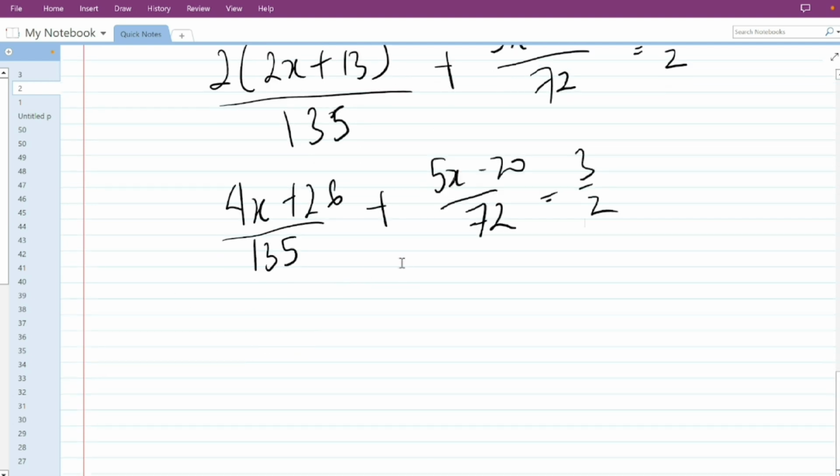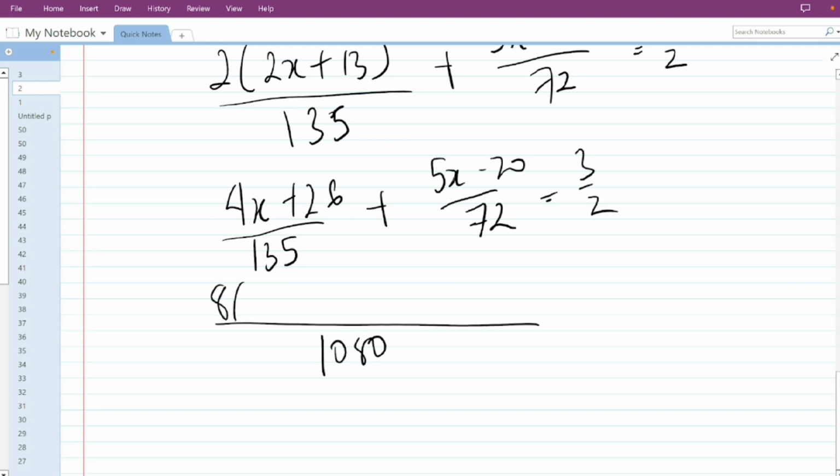You can't cross multiply at this point because they are linked by addition. So we find the LCM of these two. The LCM of 135 and 72 is 1080. So 1080 divided by 135 will give you 8. The 8 you get, you multiply it by the numerator, the number above.